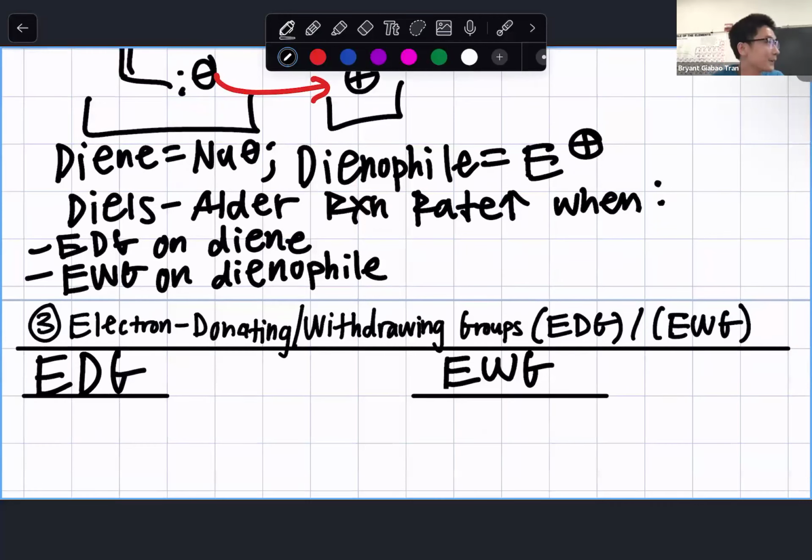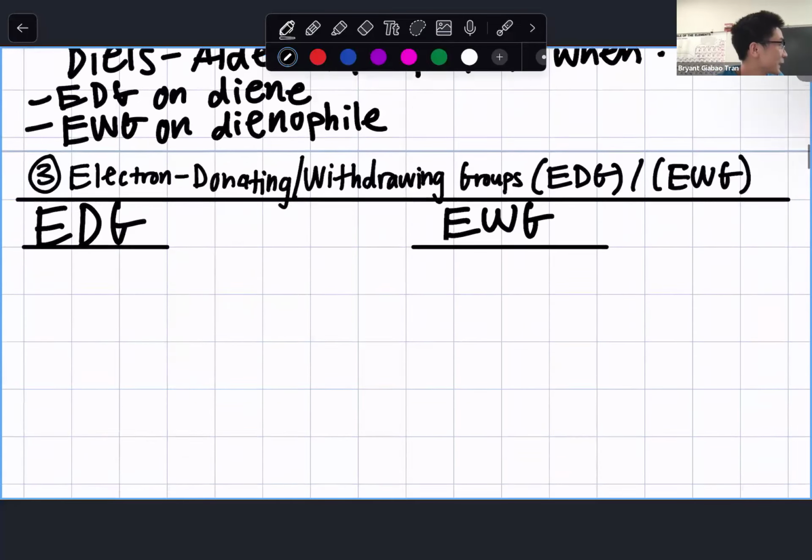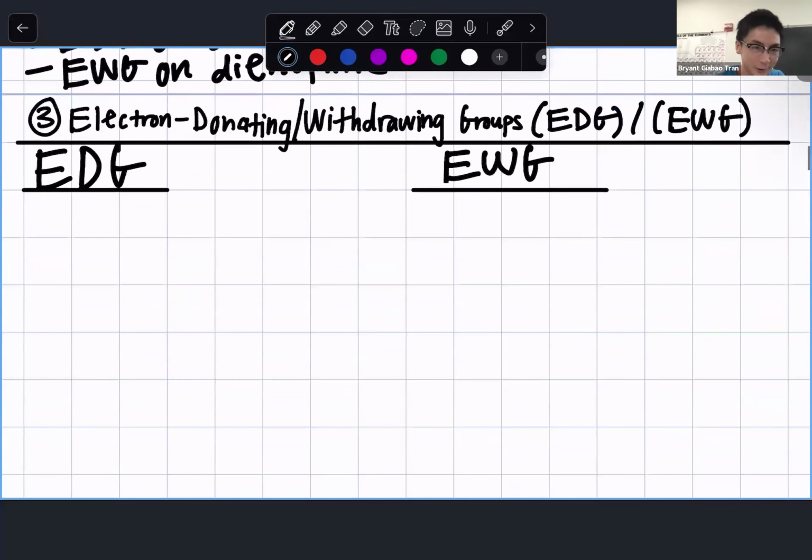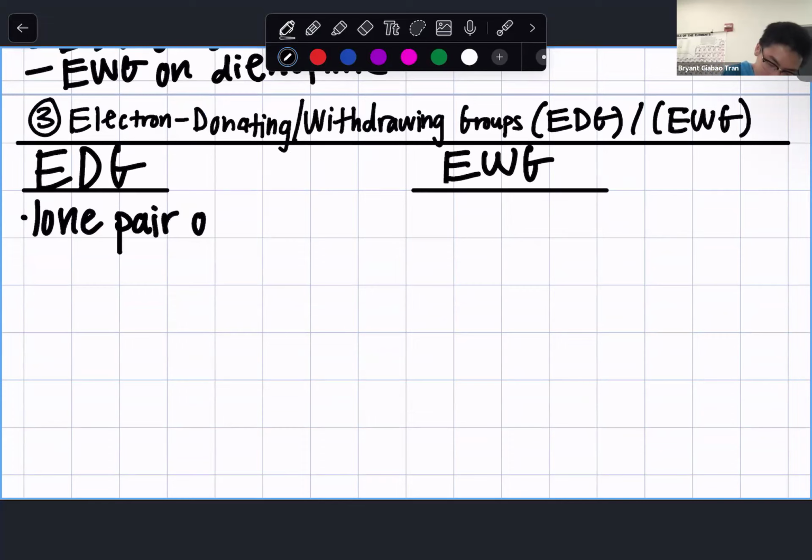Okay, so now let's figure out how to tell if a group is an EDG or an EWG. If you see an atom with a lone pair of electrons, that is an EDG because it has electrons to donate. If it is an R group, like a hydrocarbon chain, like a methyl, ethyl, propyl, isopropyl, tert-butyl, sec-butyl, that is also an EDG, but it does not have any lone pairs of electrons.